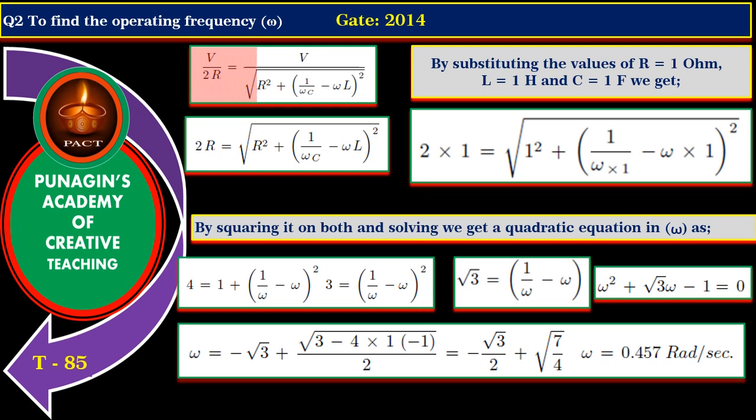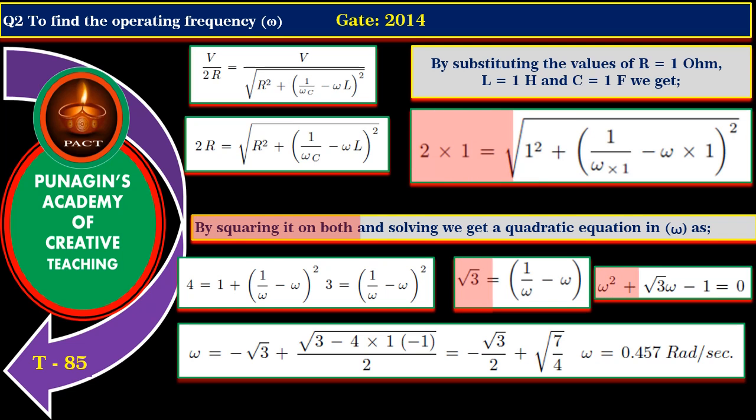Friends, the equation obtained is reproduced here, from which we get 2R is equal to square root of R square plus 1 upon omega C minus omega L whole square. By substituting the values of R is equal to 1 ohm, L is equal to 1 Henry and C is equal to 1 farad, we get 2 into 1 is equal to square root of 1 square plus 1 divided by omega into 1 minus omega into 1 whole square.